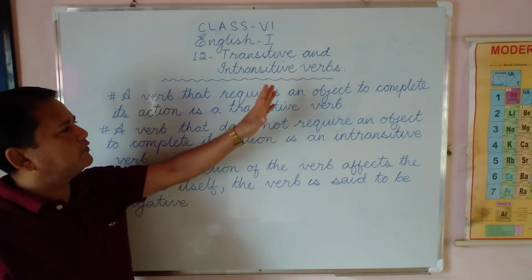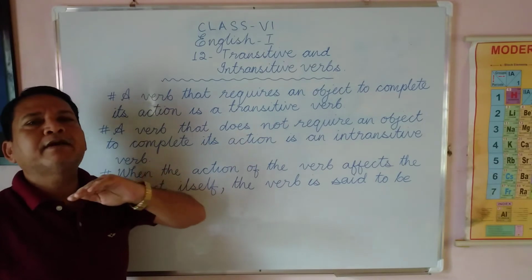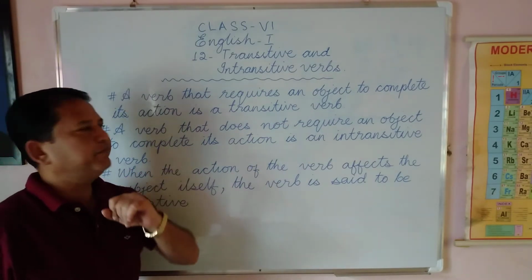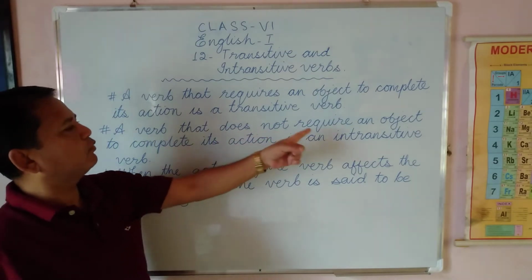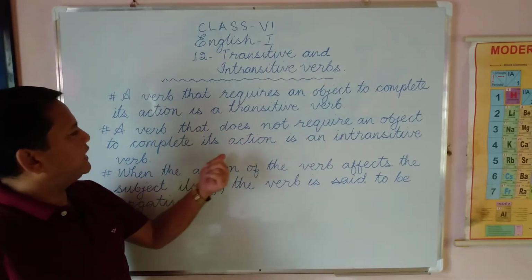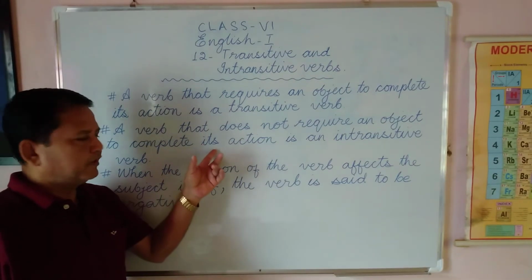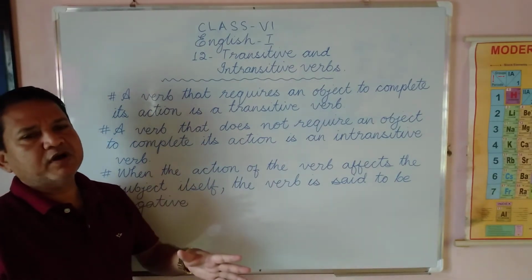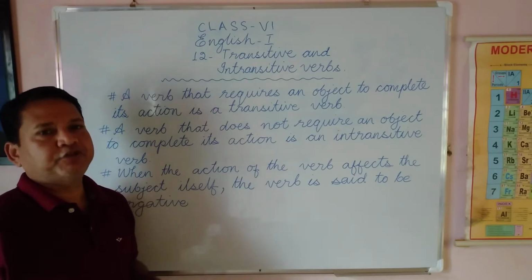Means in this verb, if there is no object, the meaning will be incomplete. You will not get the meaning. Then a verb that does not require an object to complete its action is an intransitive verb. Means a verb which does not require an object to complete its meaning is called intransitive.